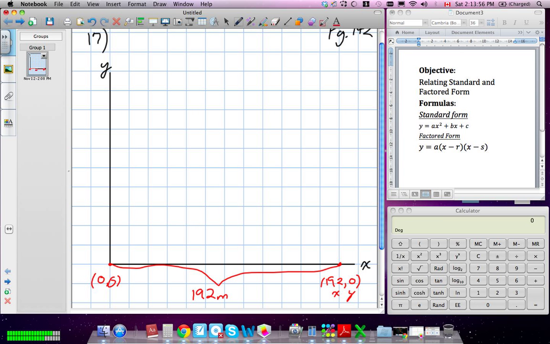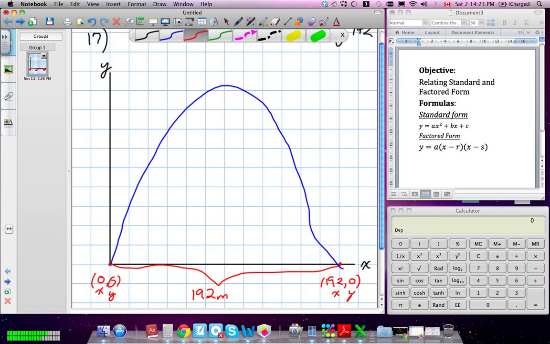The other thing they've told us is what? Well, we already know a y-intercept because it's at 0 and 0. We've set this up on the graph, so we're putting a graph over this. It says the arch is 192 meters high, and they said it's a parabola shape, right? Or parabolic shape. So whatever it is, the highest point, let's assume it's somewhere here, this is the middle.